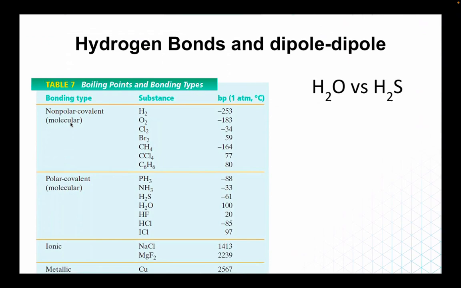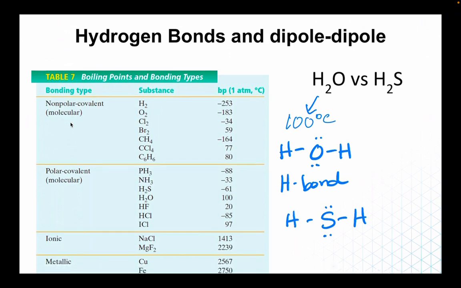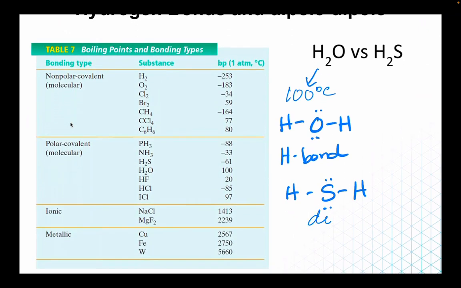And then if you want to compare hydrogen bonding to dipole-dipole, water has a boiling point of 100. And remember, water is polar, and it is going to have H bonding because it's got hydrogen bonded to oxygen. H2S is also a bent shape, so it's polar, but it's not a H bond, so it's only going to have dipole-dipole interactions.